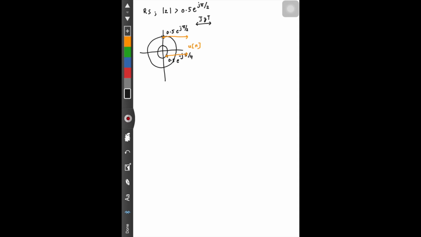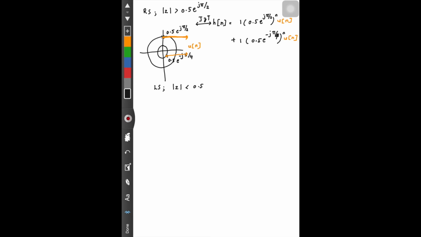So your h[n] is: 0.5 exponent j pi over 2 approaches to the right, so the function is u[n]. 0.5 exponent minus j pi over 4, it approaches to the right also, so the function is u[n]. So done for right-sided.